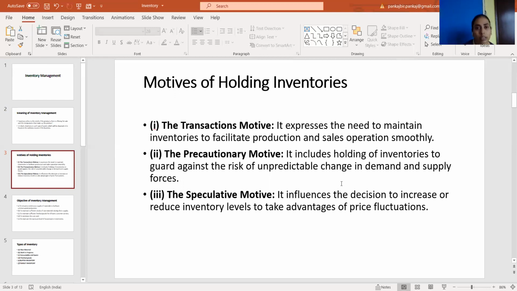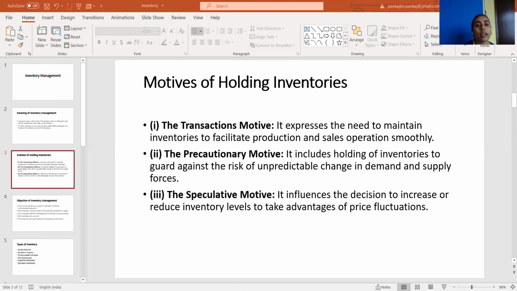If there is a change in the demand and supply position of the raw material you are using, then to guard and smoothly conduct your production process, you can hold certain inventories in anticipation. That is called the precautionary motive, such as raw material and finished goods to meet unforeseen circumstances or any emergency.